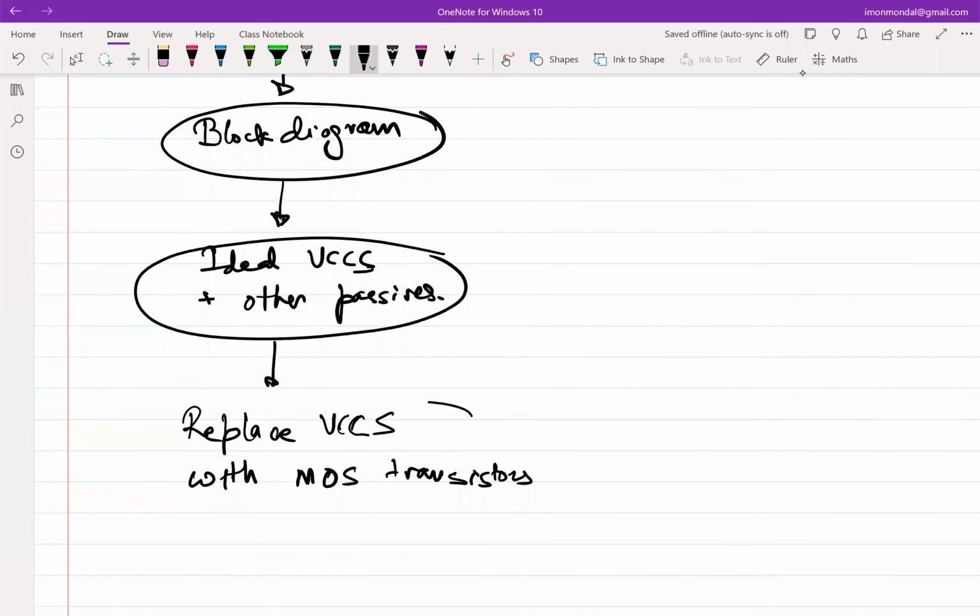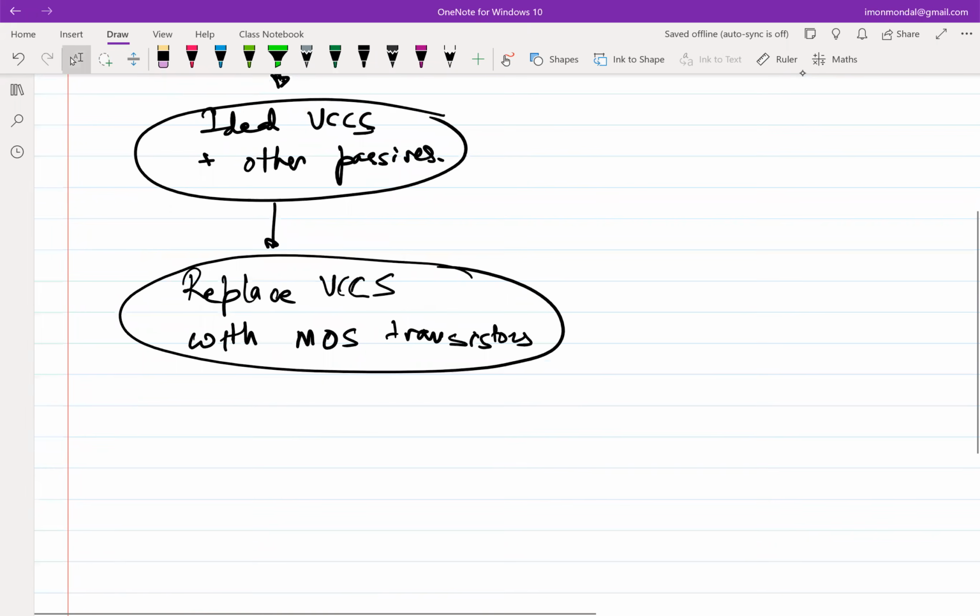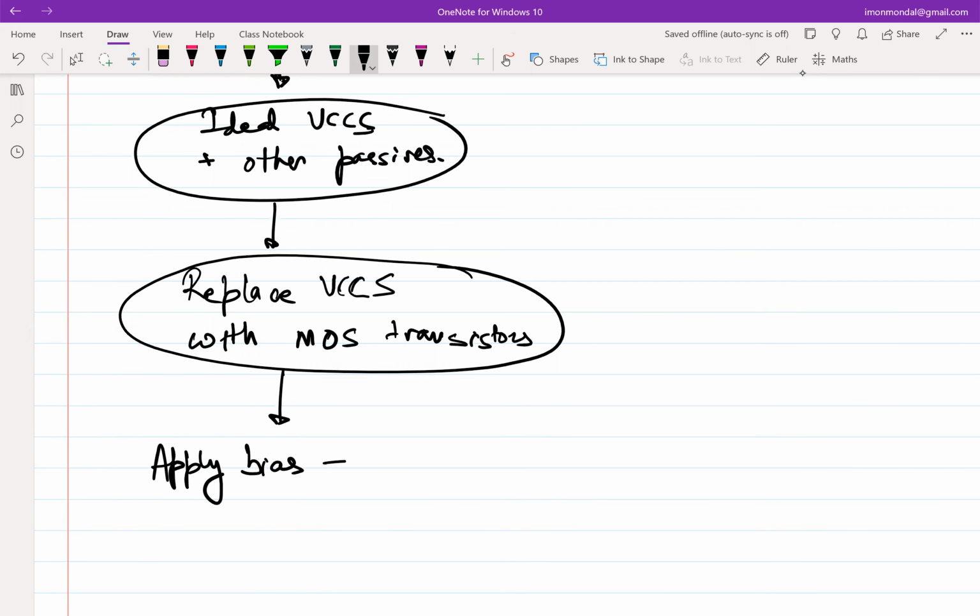And even though this comes within the domain of this step, I am putting in another extra step, that is, just replacing the VCCS with MOS will not suffice. You'll have to give biasing to the circuit. So you'll have to apply bias, and also you'll have to make room for applying incremental input, right?